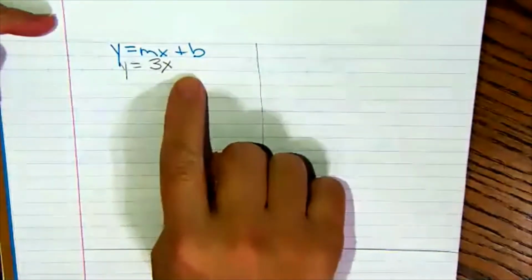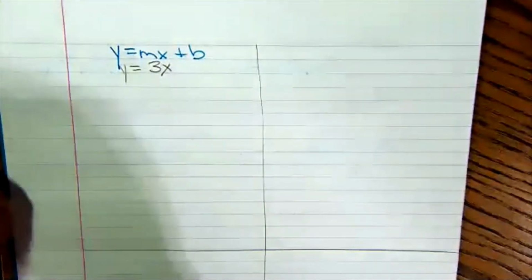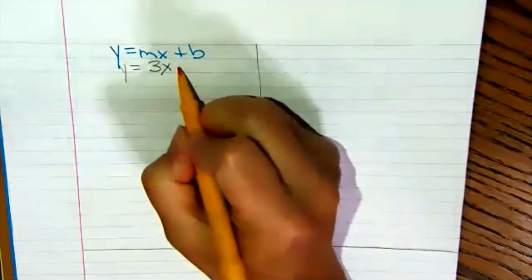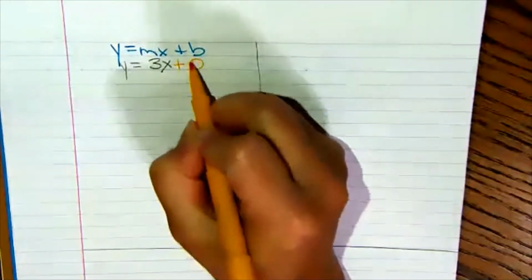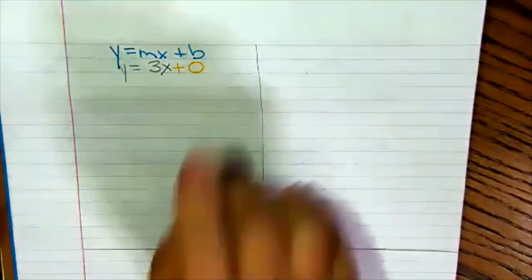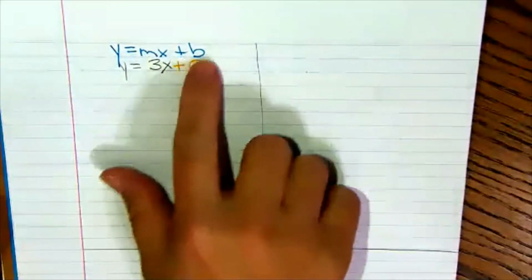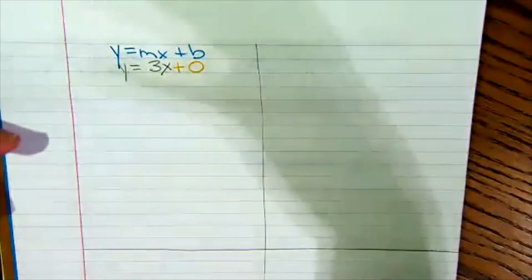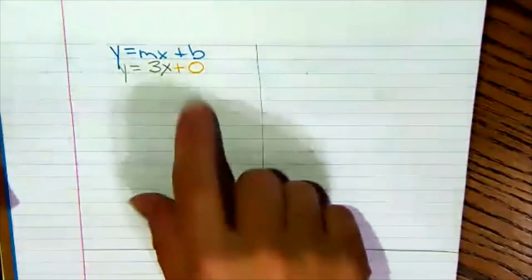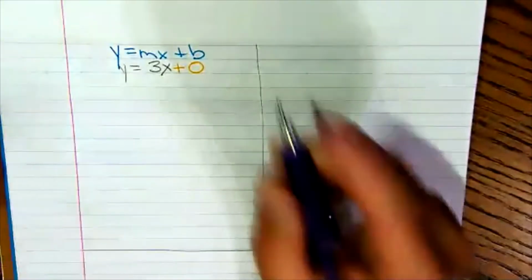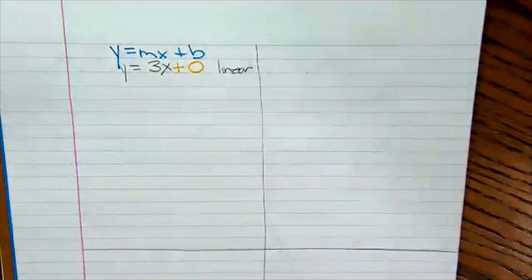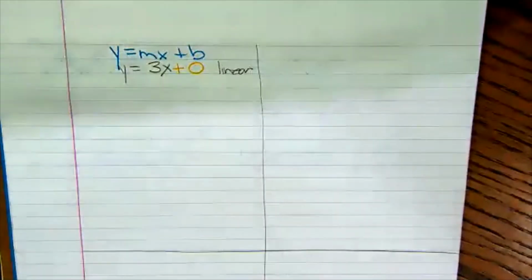Does this represent a straight line? Well, it does, because remember the plus b is an invisible plus 0. The plus b is there. It's just plus 0. And we don't typically write plus 0. So it's invisible. So yes, this represents a linear function.